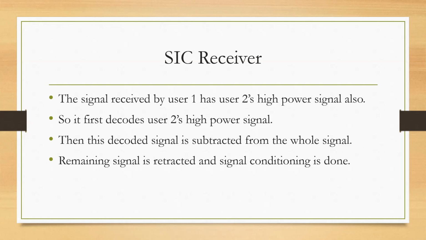So we'll condition our signal, and after this conditioning, we'll decode user two's higher power signal first, and then this whole user two signal is subtracted from the received signal. After this subtraction, only the user one signal, which is the required signal for that particular receiver, remains, which can then be amplified, and after conditioning, the demodulation of that signal can be done.